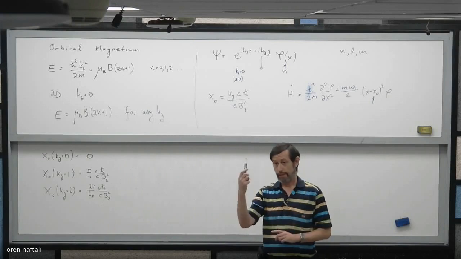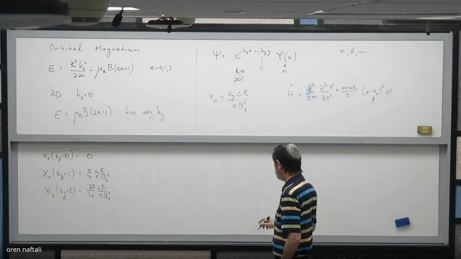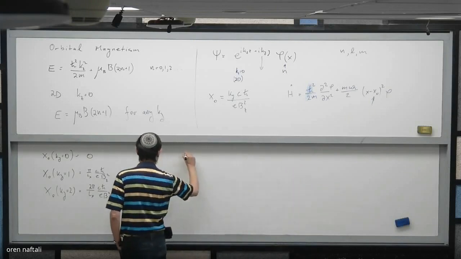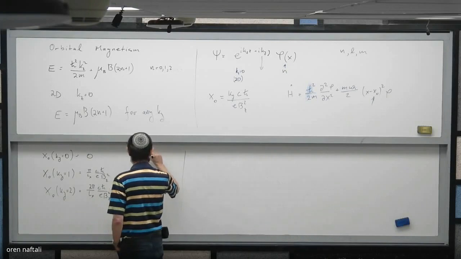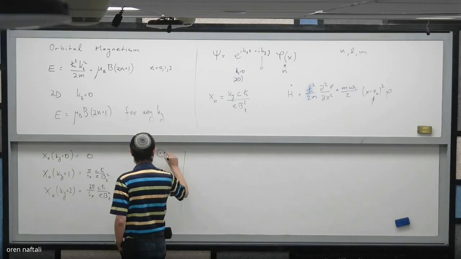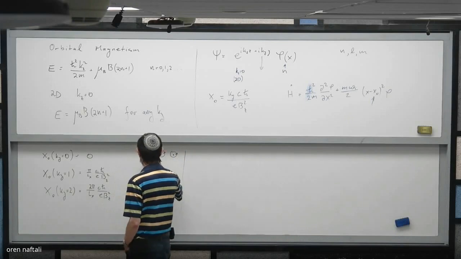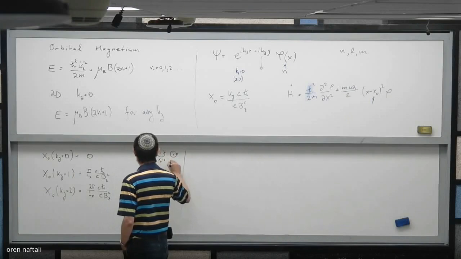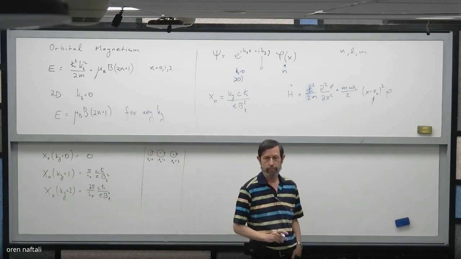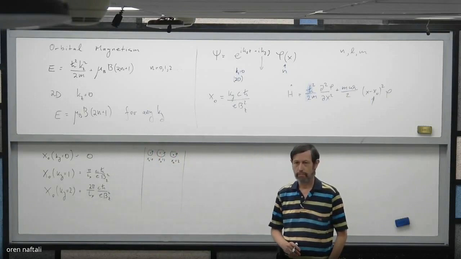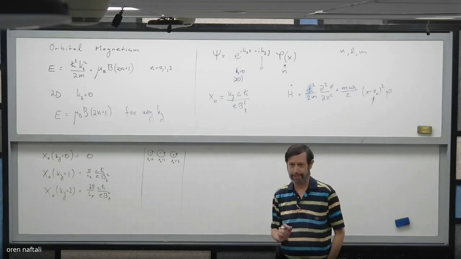It turns around some center, right? Because ky signifies a position in x.